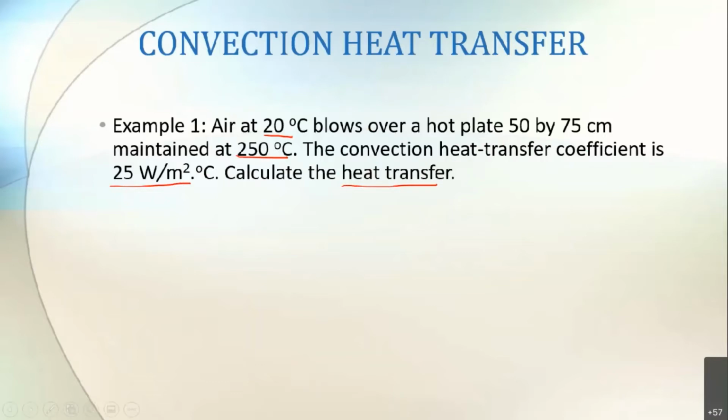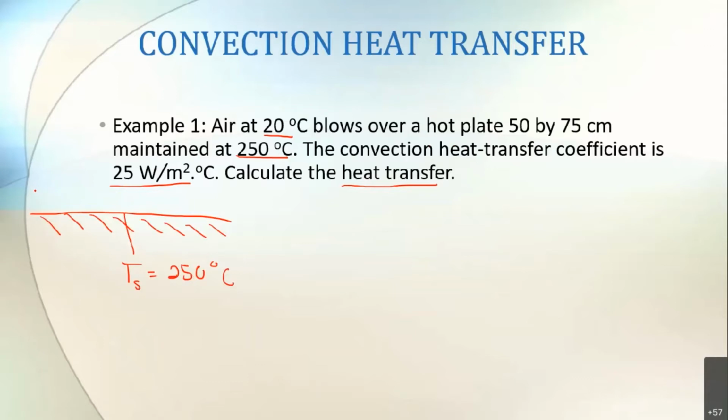If we were to draw this surface, it will be something like this. Let's say this is your hot plate. The temperature of the surface, the wall temperature, Ts, is equal to 250 degrees Celsius.